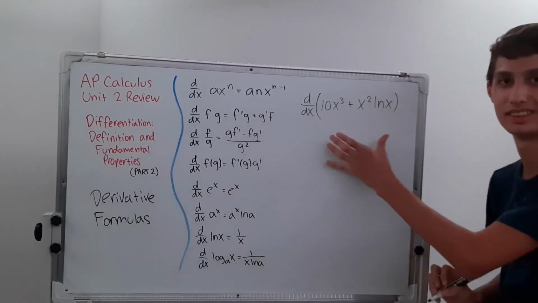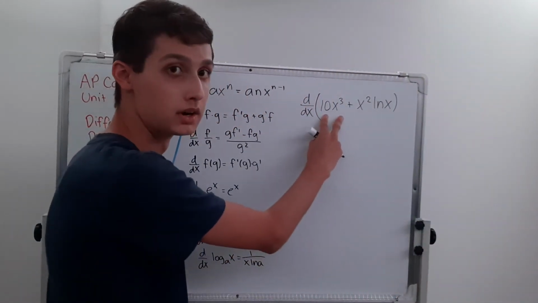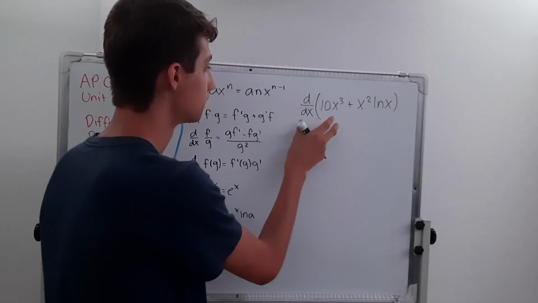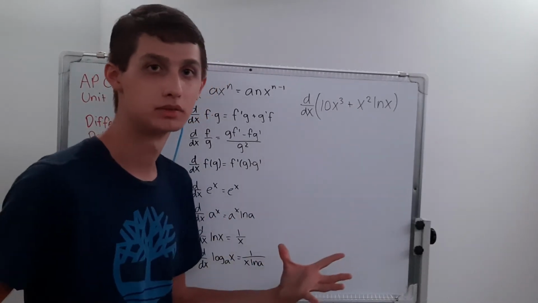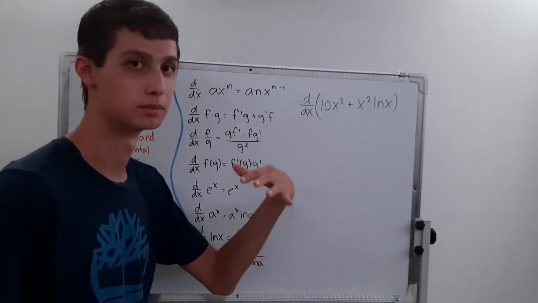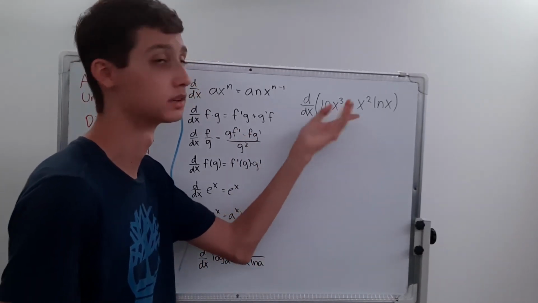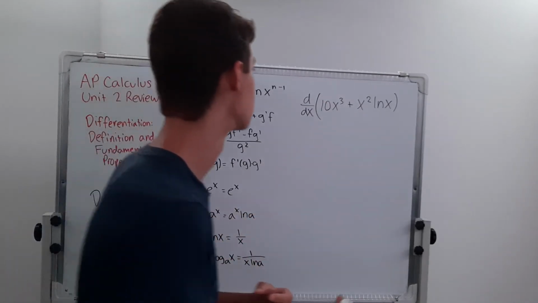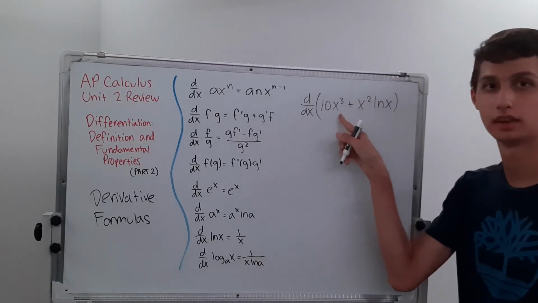So we want to take this derivative. We can do each part. Whenever you have a plus, this is the same thing as the derivative of this plus the derivative of that. That's the beauty of derivatives. Now it doesn't work for multiplication and division, it only works for addition or subtraction.